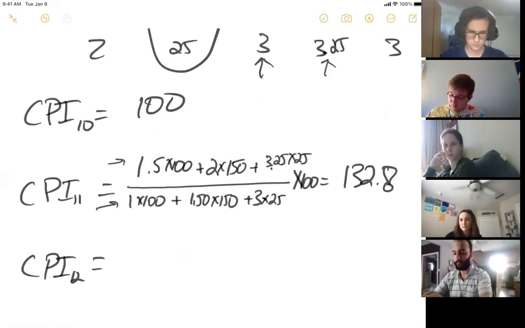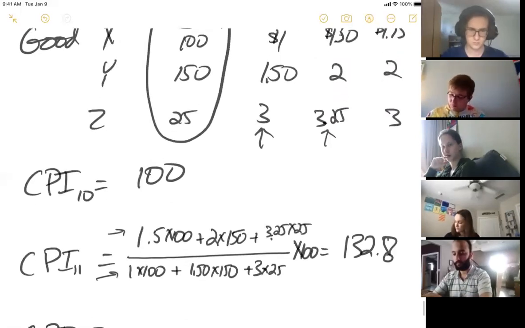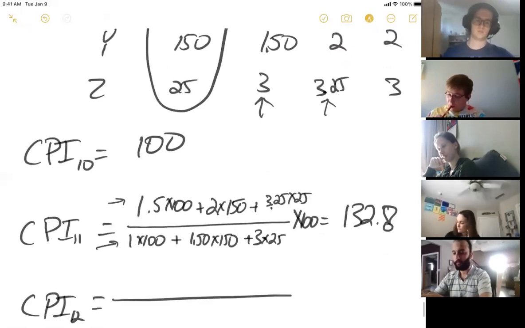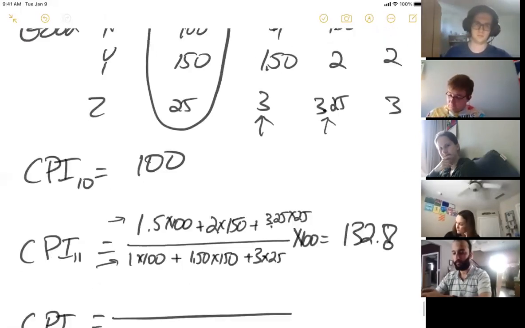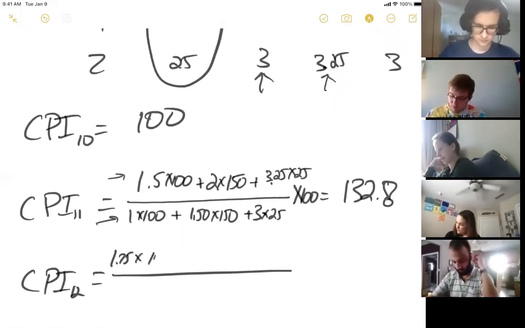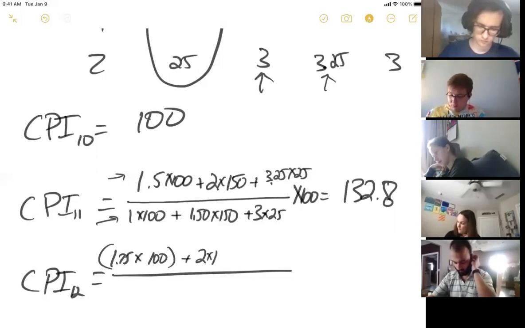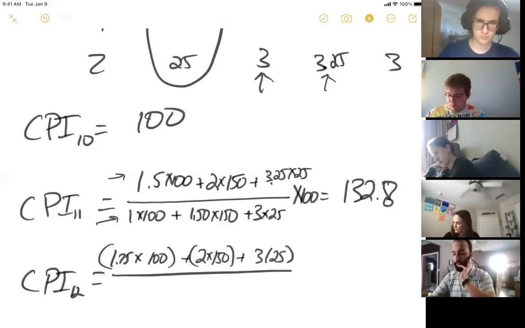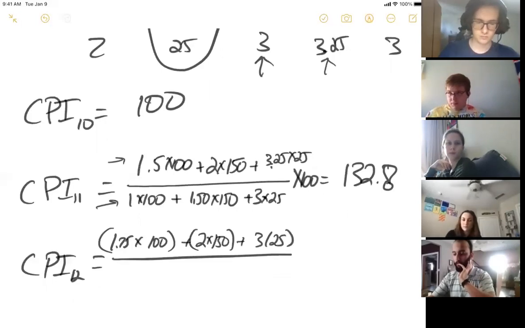How about 2012? Now we want to use 2012 prices times quantity in the numerator. So this would be $1.75 times 100 plus 2 times 150 plus 3 times 25. That's the price in 2012 times the bundle, divided by the price in the base year, which is really what you just did when you calculated 2011.